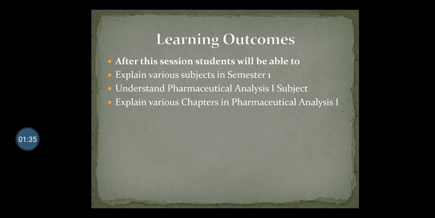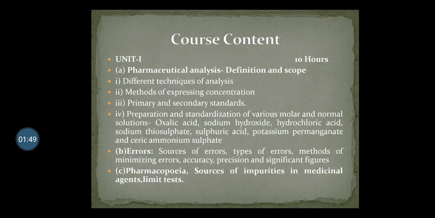Already we have covered the first 2 points in the previous video. In this video we are going to achieve our third point, that is, explain various chapters in the pharmaceutical analysis 1 theory subject. So let's begin with this session.